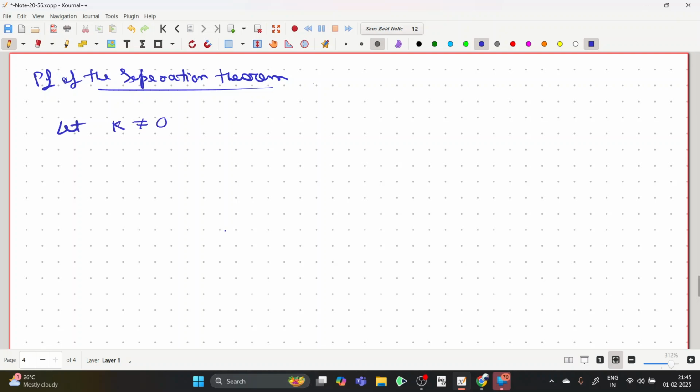So let K be non-empty and consider a point X coming from K. Now since C is closed, and X is not in C because we had chosen K and C to be disjoint, what can I say from here? I have K is not empty. I choose a point X from K. I have C is closed and X is not in C.